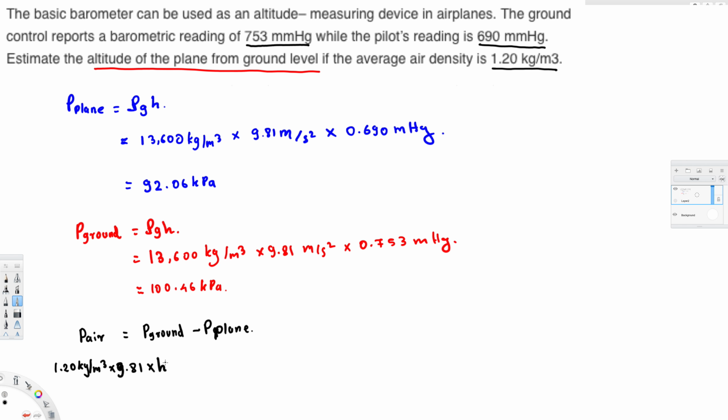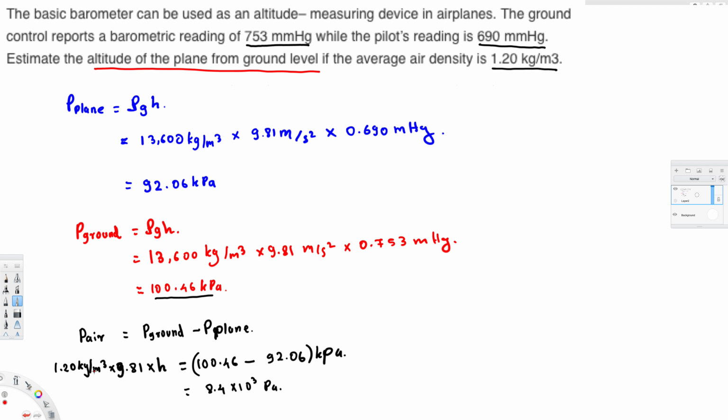So this height is going to be the altitude of the plane. So let's calculate this. P ground we already calculated, that's 100.46 minus this P plane, 92.06 kilopascal. If we subtract, we get 8.4 times 10 to the power of 3 Pascal, and all we have to do is rearrange this to find the h.